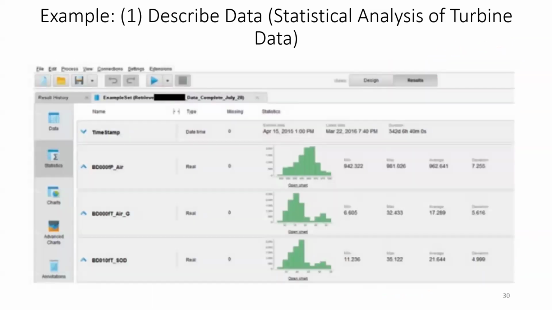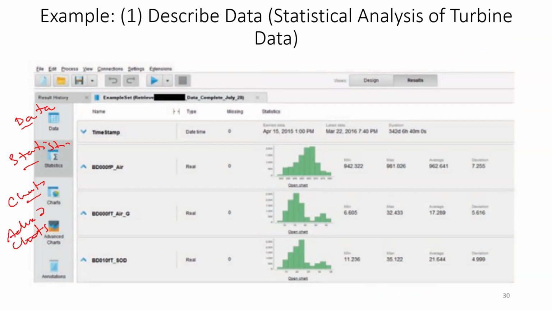This slide shows an example of a statistical analysis interface for the turbine data. It's a little blurry, but on the left side we see the data statistics, charts, then advanced charts.